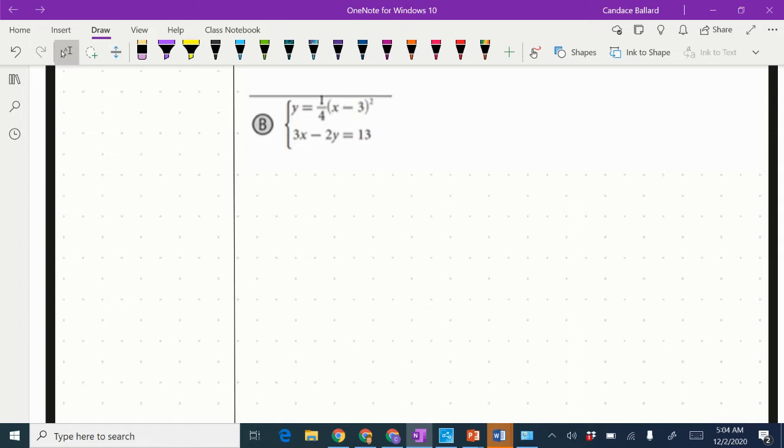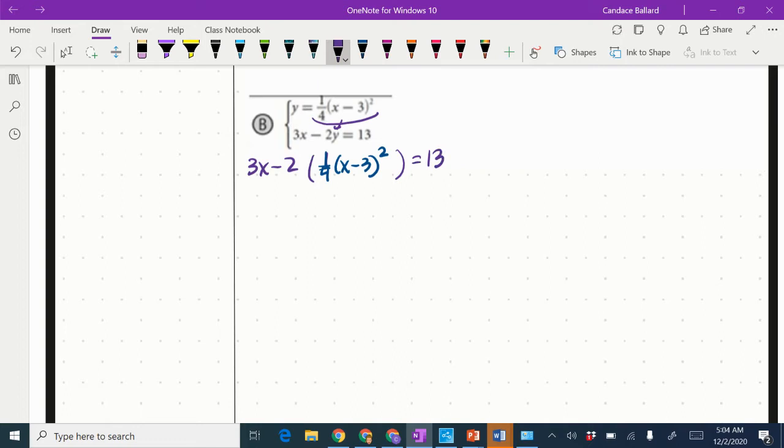All right, so the nice part about this one is it's already solved for y for us. So I'm just going to literally take that and plug it in. So I have 3x minus 2 times, I'm plugging in the 1/4 times x minus 3 squared, and then that's equal to 13.